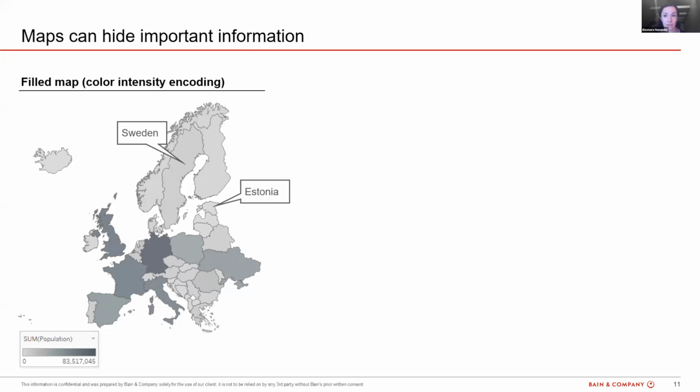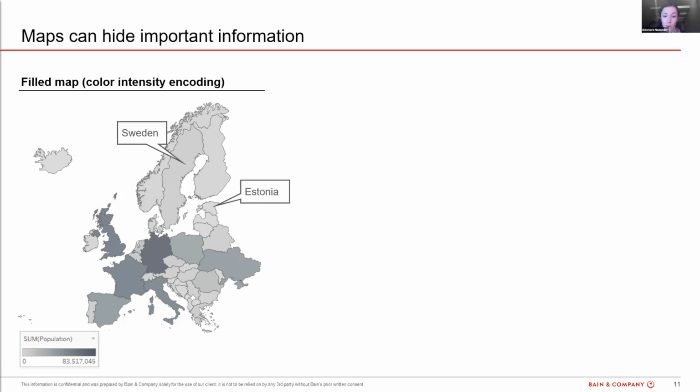It's hard to tell. Yeah. Actually, the difference is 8 times, and Sweden is larger. Sweden has 10 million, Estonia has 1.3 million. There is no way to tell. Yeah, it all looks the same.